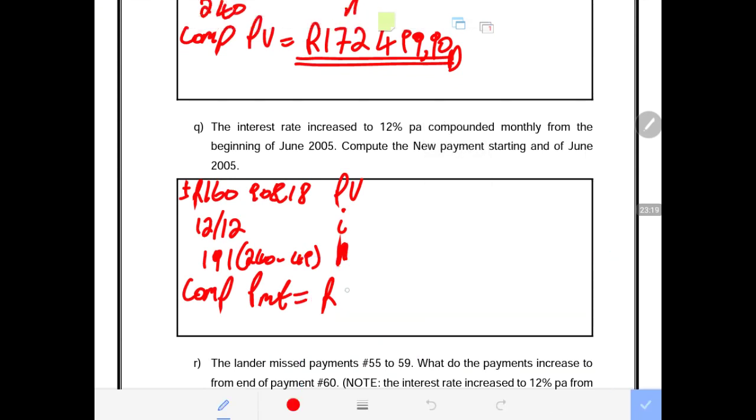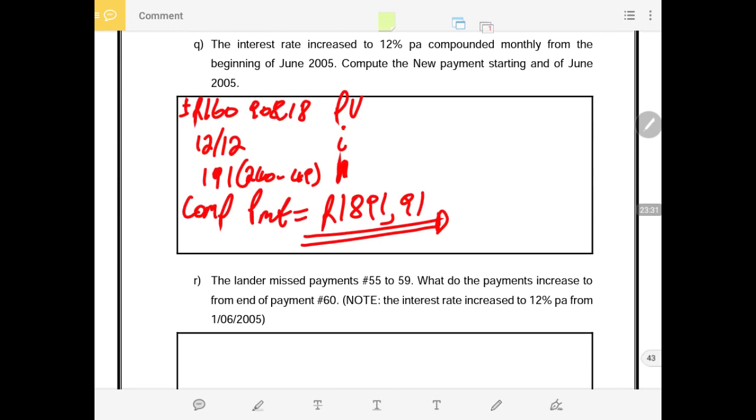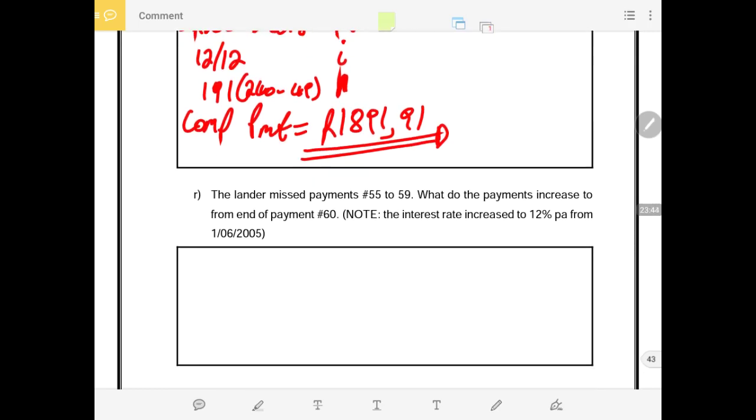So 1,891 rand 91 cents will be our new PMT. Now remember, don't clear your calculator. We're going to R, then after that we go to S, and then we'll be done with this statement. Very, very easy statement, to be honest.